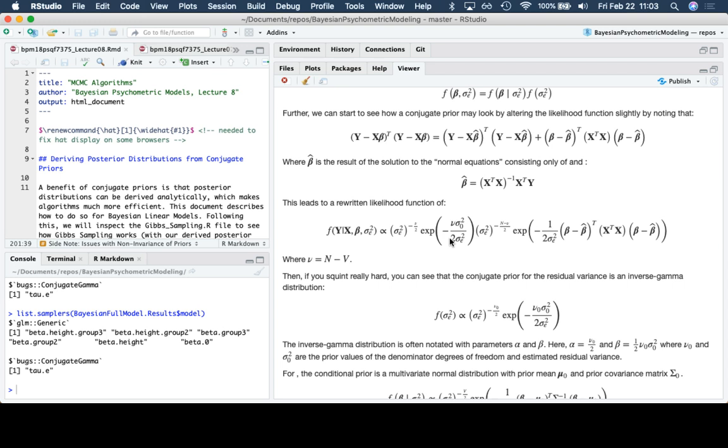I didn't put this, but what we tend to say is, for a conjugate prior, once we start to see this form, we want to say inverse gamma is the prior for sigma squared, and multivariate normal is the prior for beta given sigma squared. We can build those two products together into this form right here.